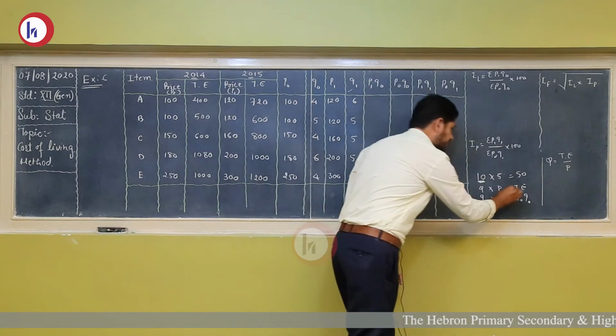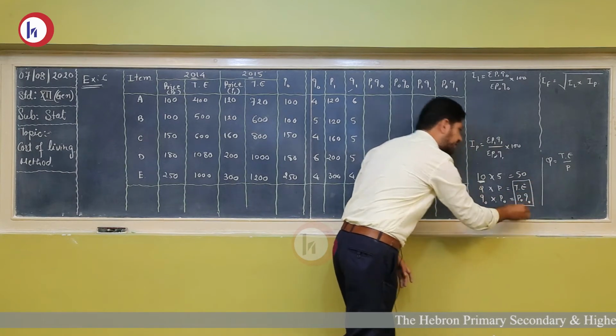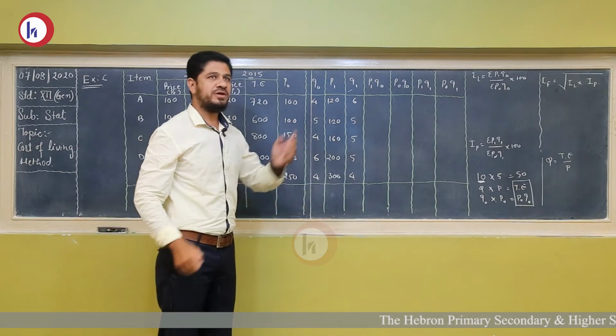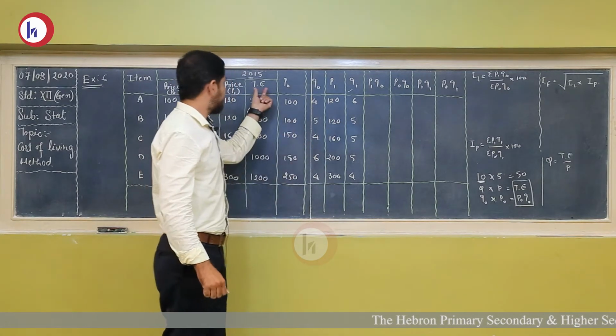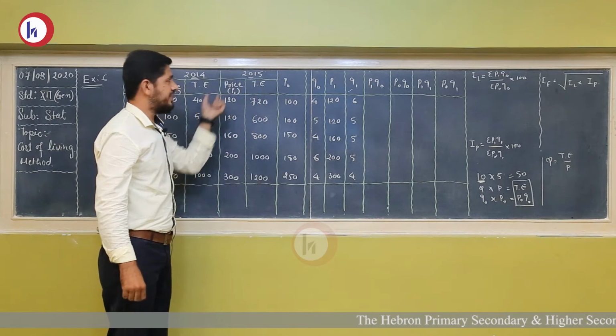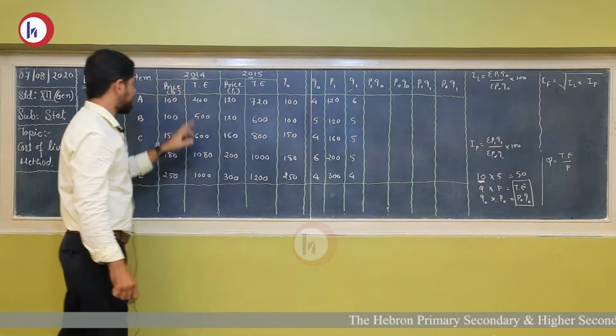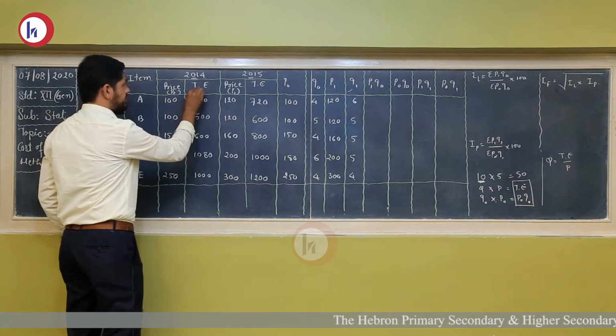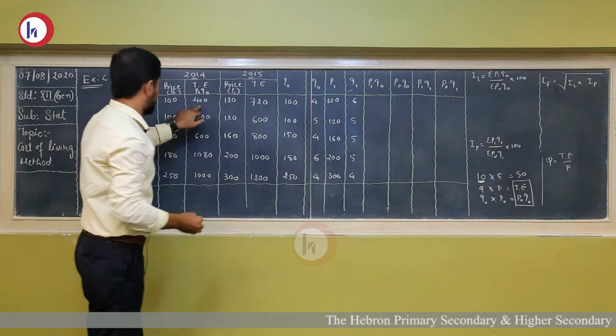That means total expenditure is nothing but P0Q0. If we talk about the current year, the total expenditure will be P1Q1. Now let's copy this value into the further column. So total expenditure of 2014 is nothing but P0Q0.